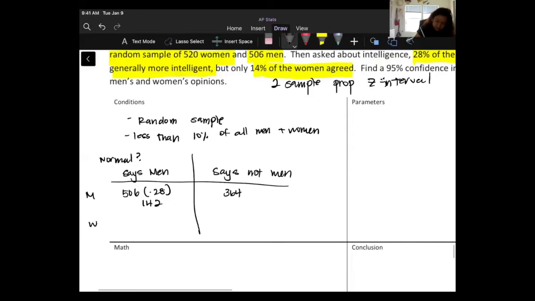For the women, we have 520 times 0.14, which is 73, which means that 447 women do not say men are smarter. Both of these are greater than 10, which means that this is normal. So we're good.